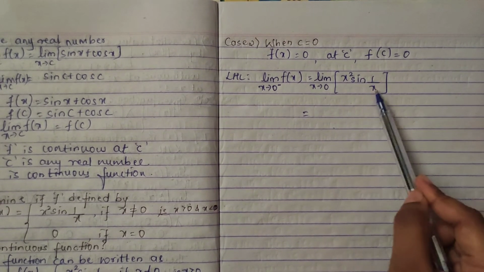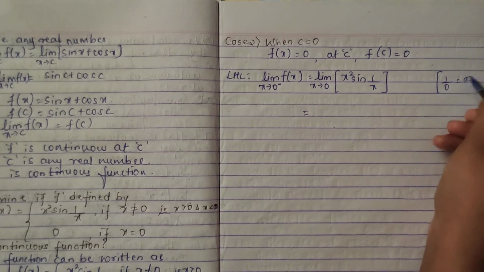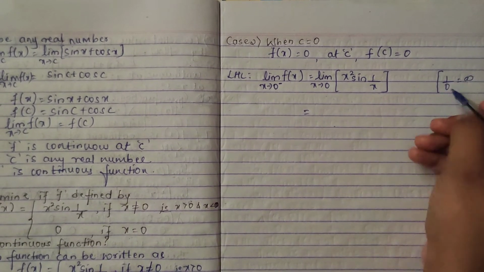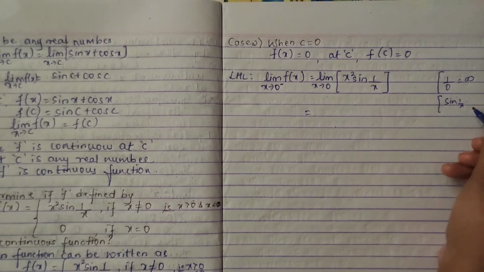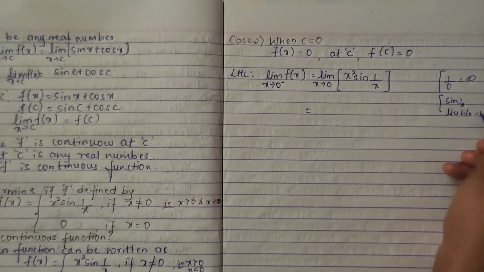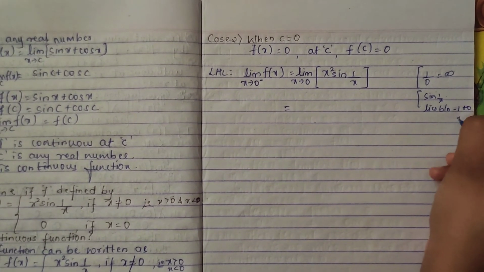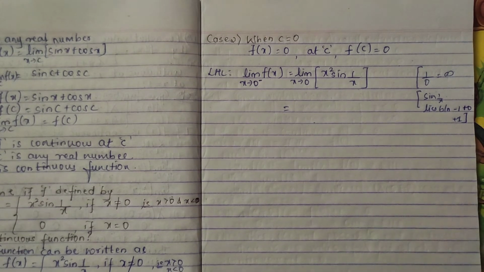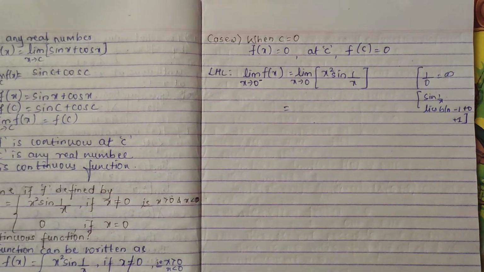Anything divided by 0 is infinity, right? 1 divided by 0 is infinity, which is not defined. And you should know sine 1 by x, this value always lies between minus 1 to plus 1. This is our standard. Sine value always lies between minus 1 to plus 1.